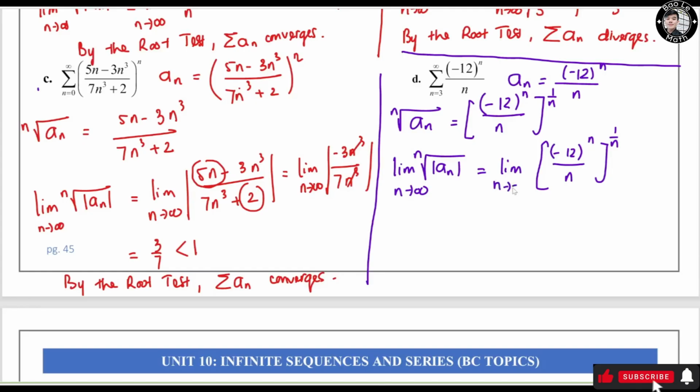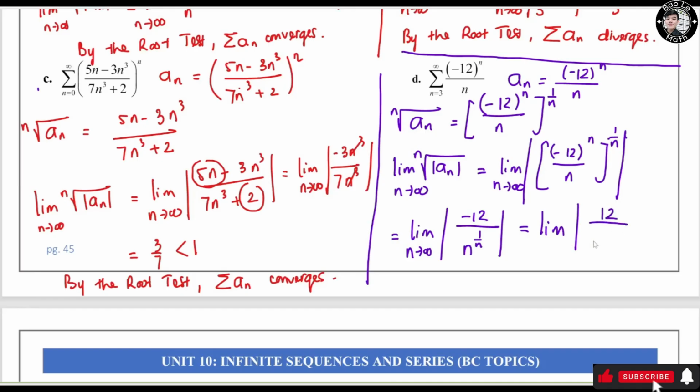I'm going to distribute the power of 1 over n, so I have the limit of negative 12 over n raised to the 1 over n, and then the absolute value of negative 12 is 12, over n raised to the 1 over n as n approaches infinity.